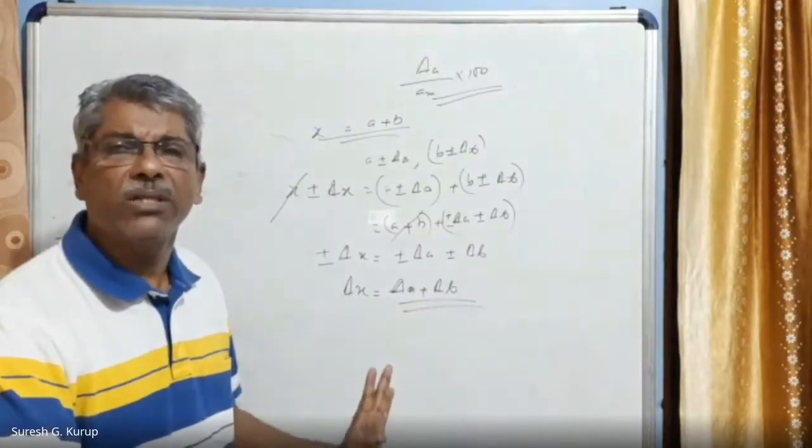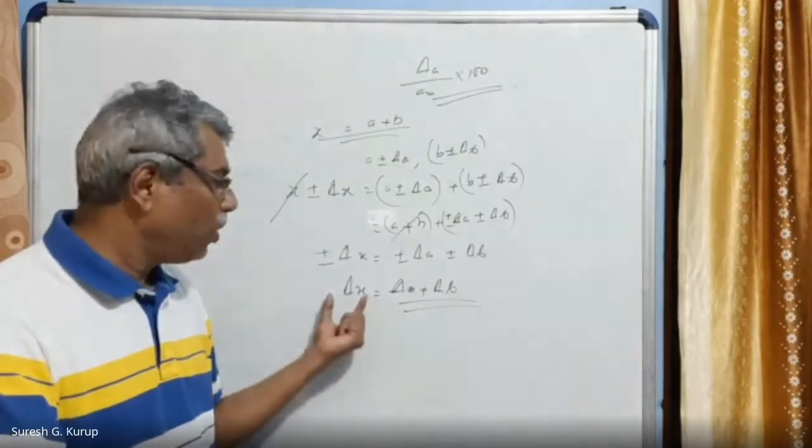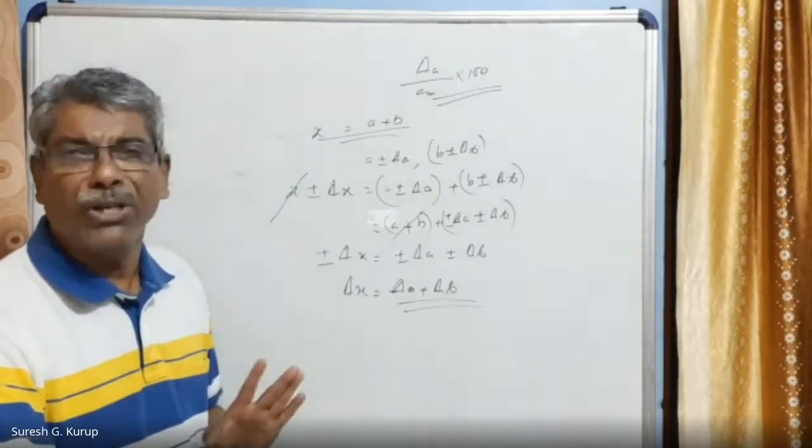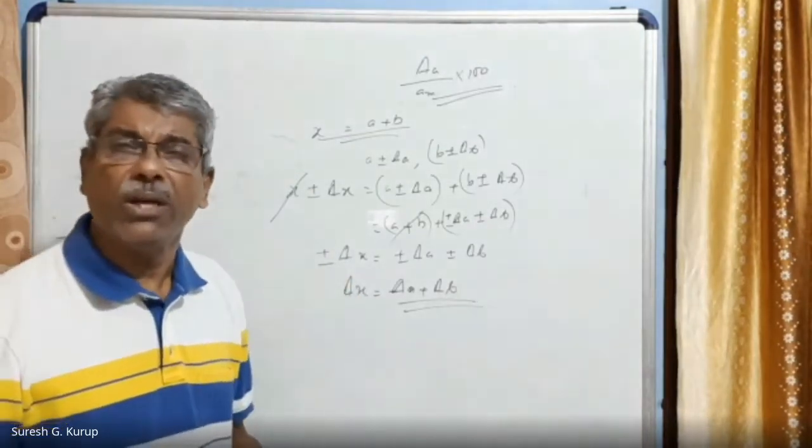This is the total absolute error in the addition of the two physical quantities. So when two quantities are added, the sum of the absolute errors in the individual quantities is equal to the total absolute error in the combination.